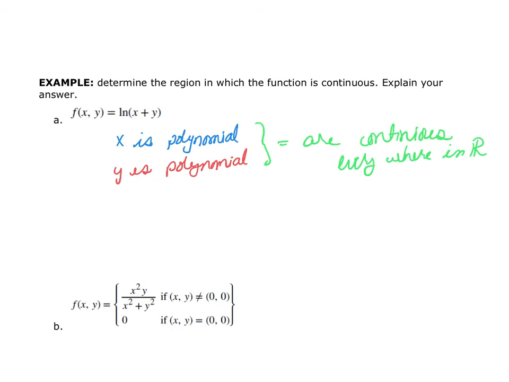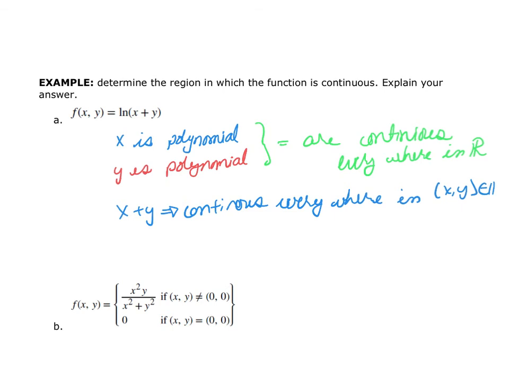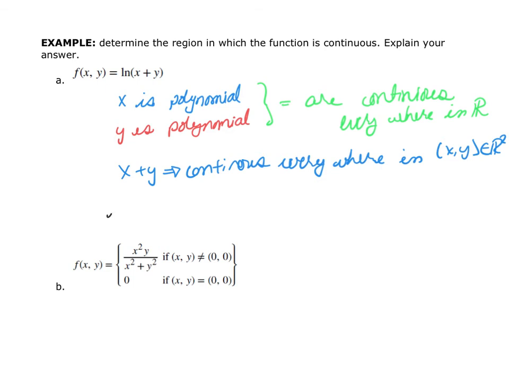So the sum, of course, is continuous then. That means that x plus y is continuous everywhere in the xy plane. So if we look at the natural log of k, this is continuous everywhere k is strictly greater than 0.